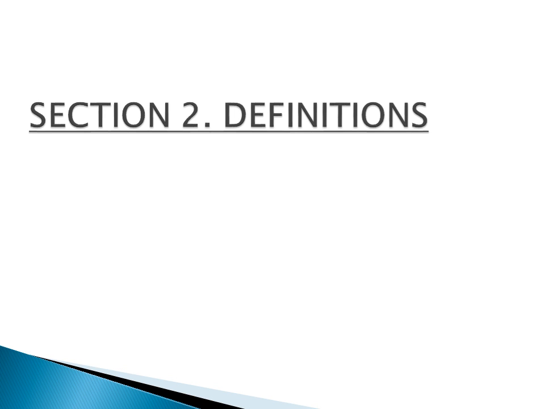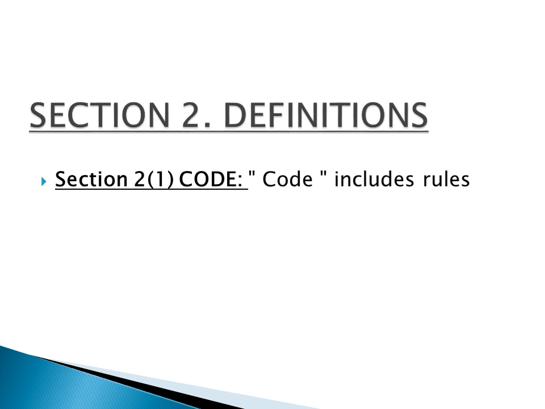Let's start discussing them. Clause 1 of the Section 2 of the Code provides code, which says that code includes rules. So it's very simple. We have already discussed in the previous lecture that the Code of Civil Procedure has two parts.